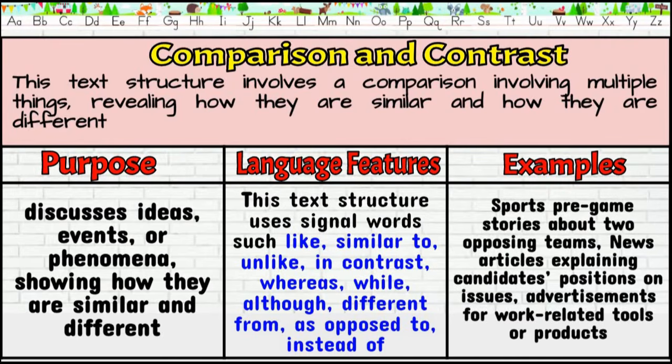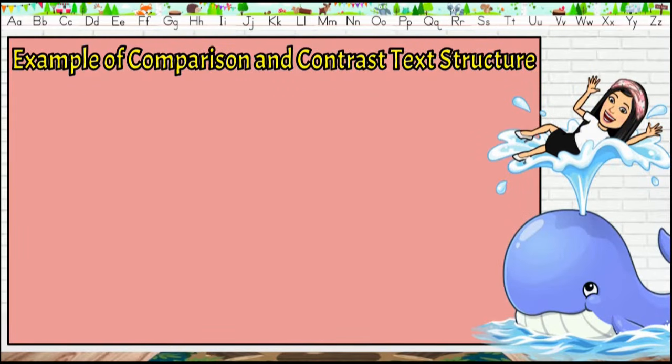Examples of comparison and contrast text structure are sports pre-game stories about two opposing teams, news articles explaining candidates' positions on issues, descriptions of multiple health insurance options, and advertisements for work-related tools or products. Here is an example.